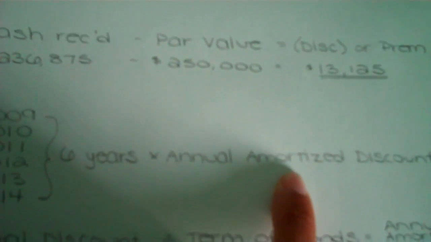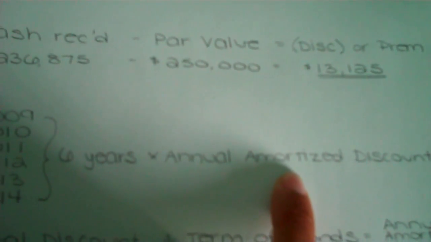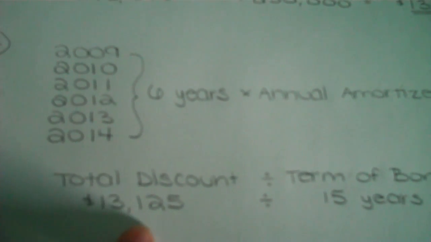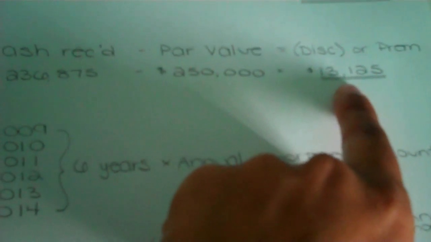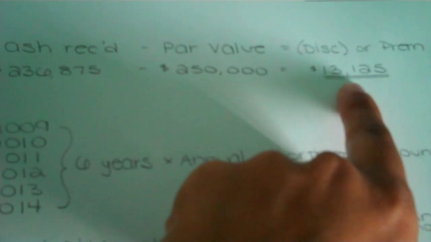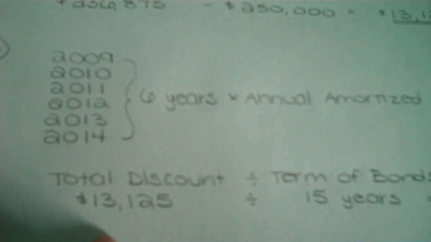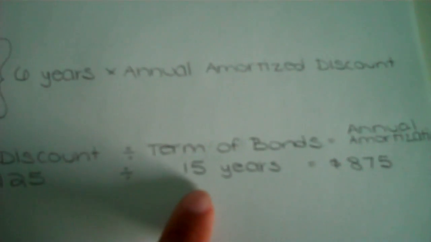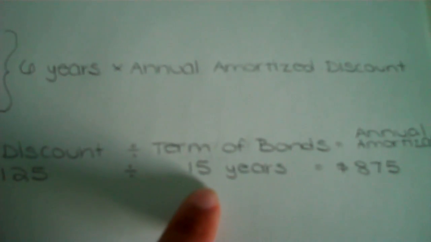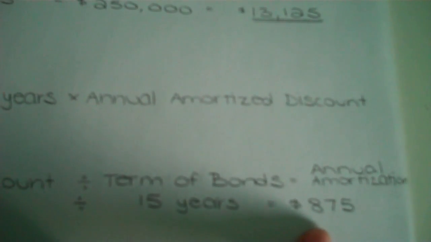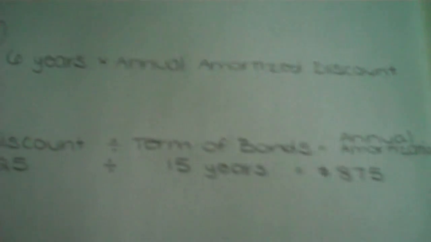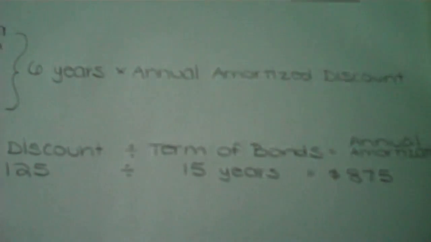So to figure out the annual amount, you're going to take the total discount, which we solved in Part B, to be $13,125. Part B, there it is, the total discount, $13,125. You'll take that total discount and you'll divide it by the life of the bonds, 15 years. That gives us an annual amortized amount of $875.